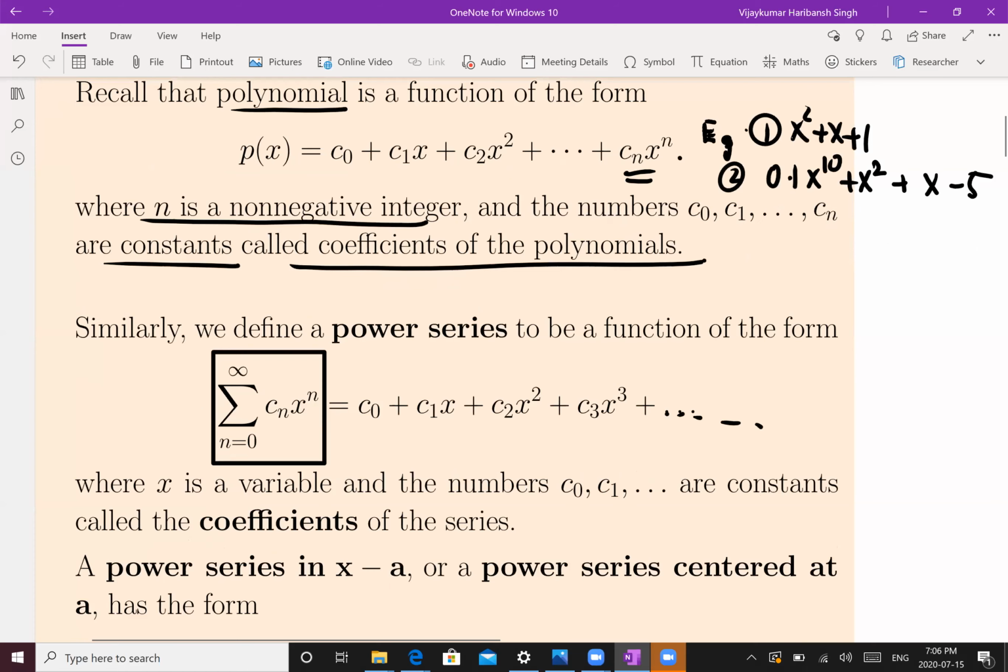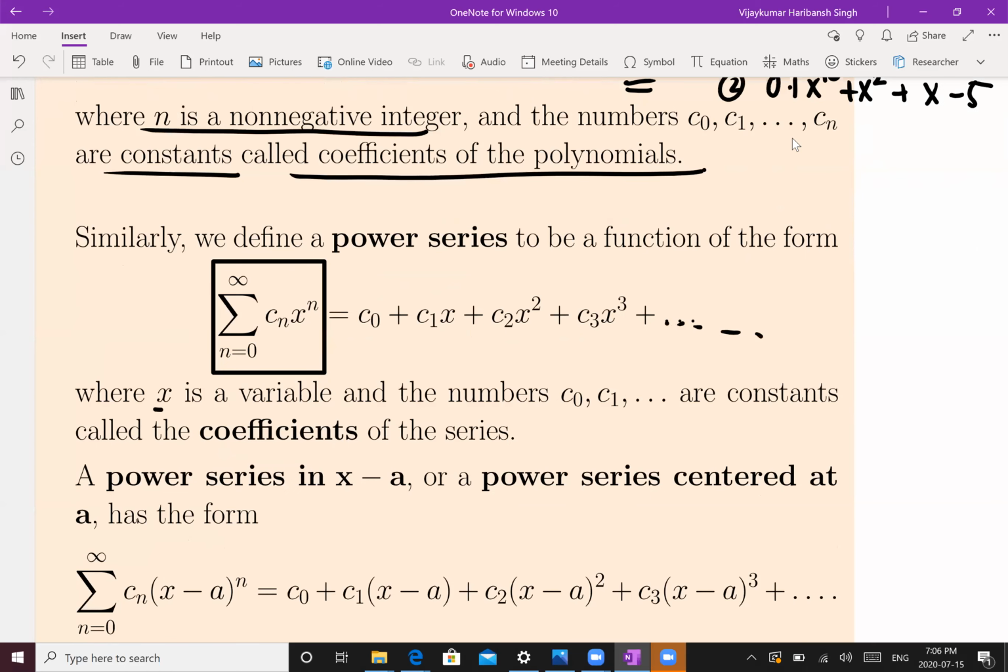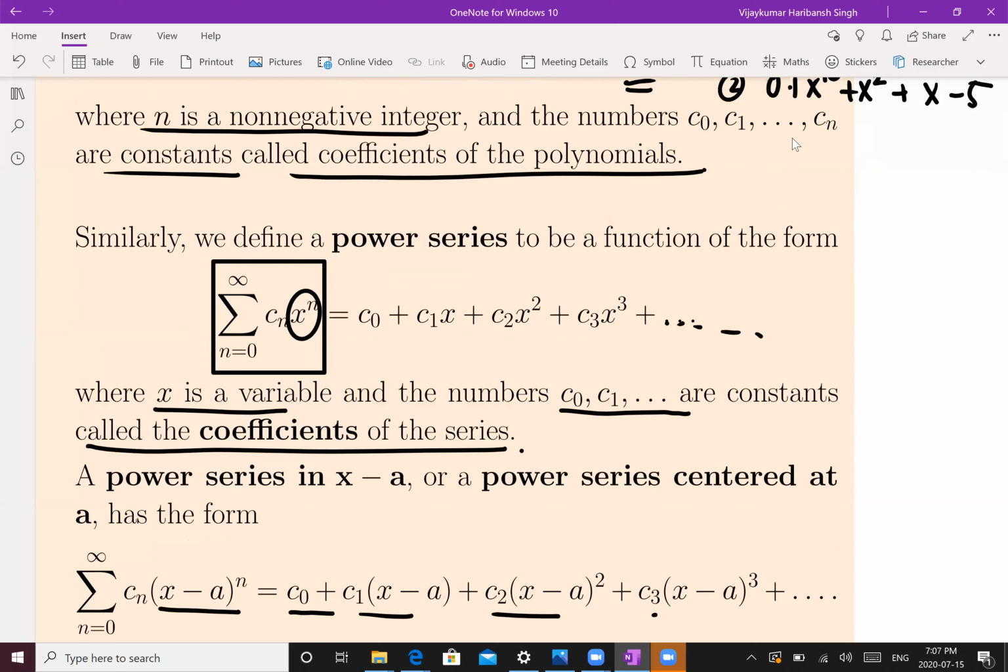Now here x is a variable, and C0, C1, C2 and so on are constants, called the coefficients of your power series. Now instead of x to the power n, if you have x minus a to the power n, then this series is called a power series centered at a.